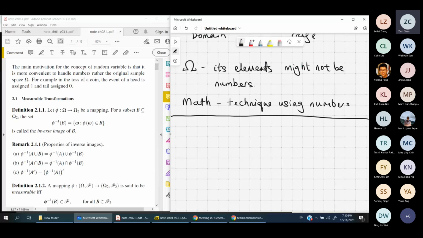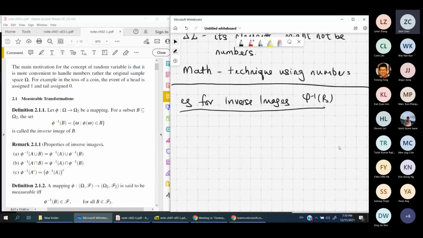Okay, so just to give you an example for inverse image, let's look at some simple concepts. Now let's look at the first example, the easy one.